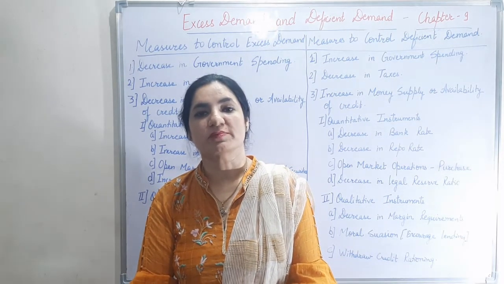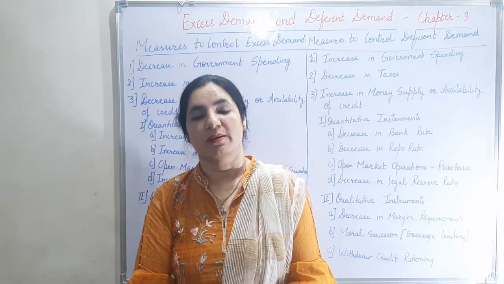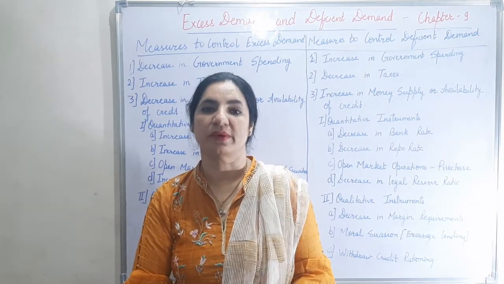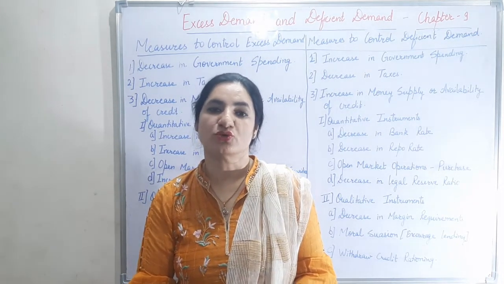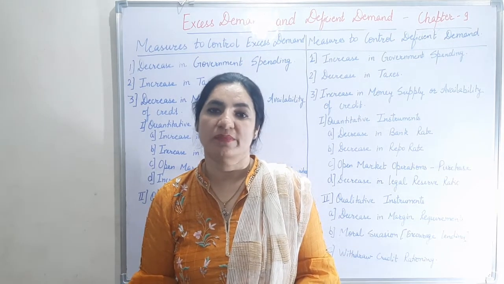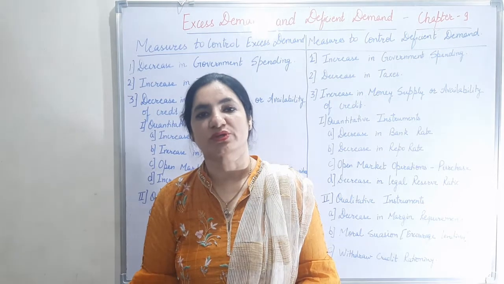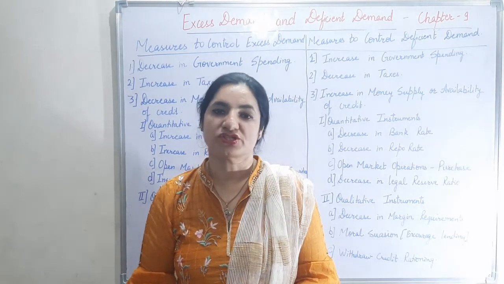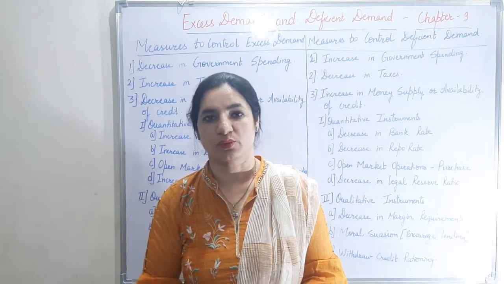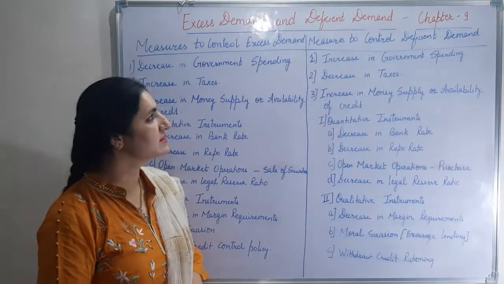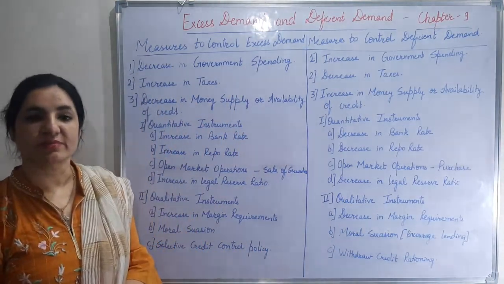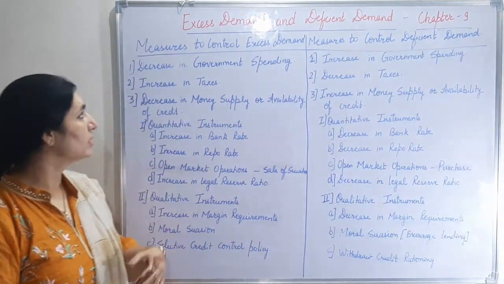So these problems can only be resolved by bringing the aggregate demand to the desired level. So there are various measures which can be taken to control the aggregate demand so that we can reach the full employment equilibrium. So let us discuss these measures for excess demand as well as deficient demand.